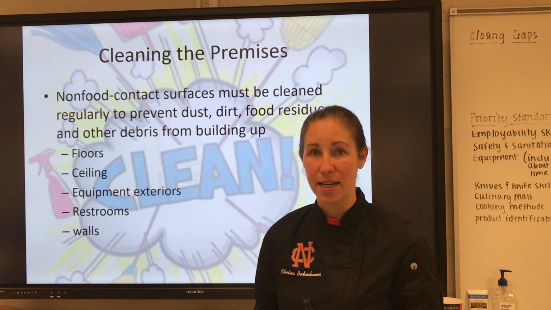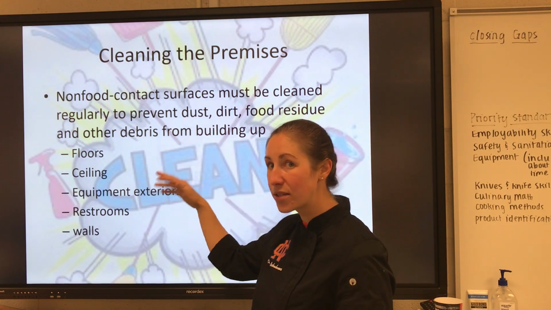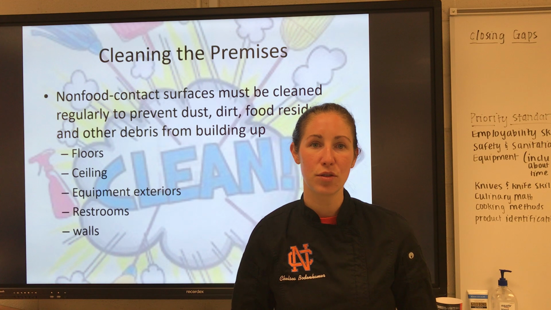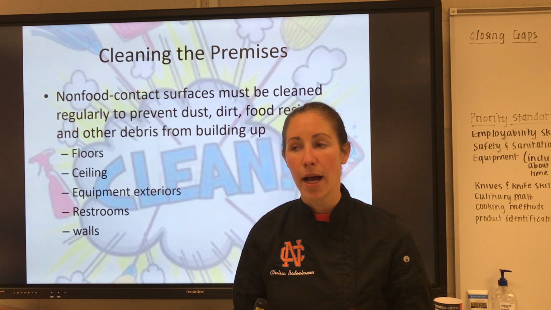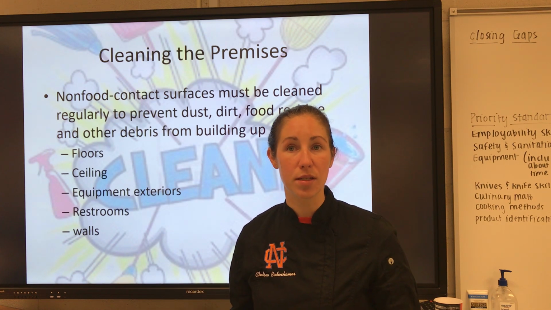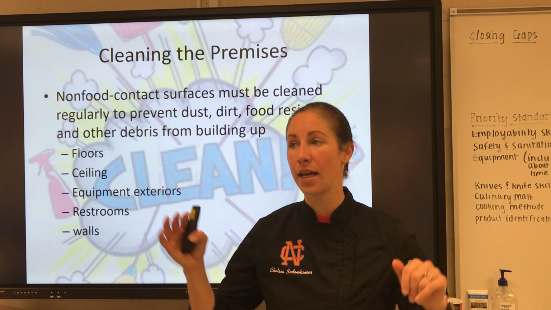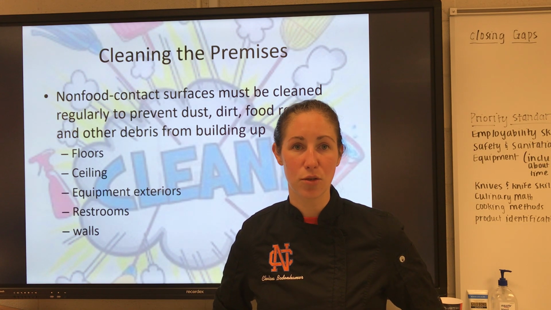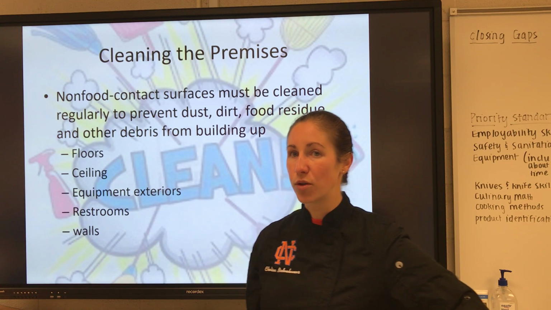We do not have to sanitize them. But floors, ceilings, equipment exteriors, restrooms, walls, all of those are super important to be cleaned, and we do so 1 to 2 times per semester. When we first enter the semester, we'll clean, and before we leave for the semester, we will also clean, just to make sure that it is routine clean.